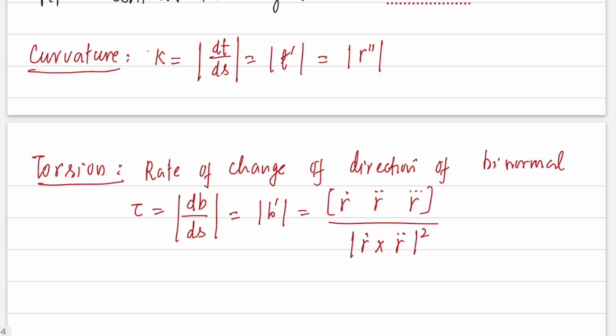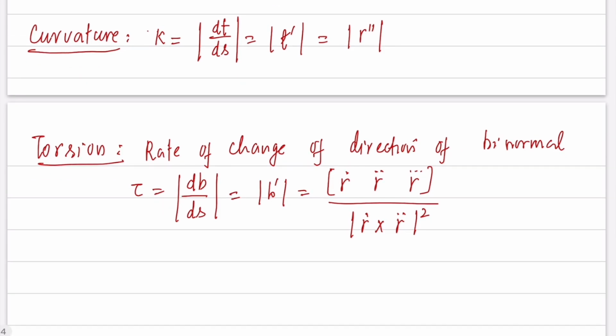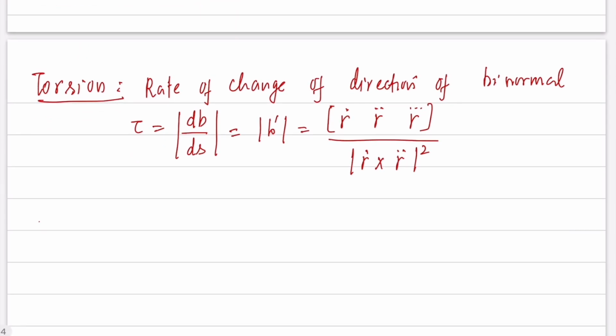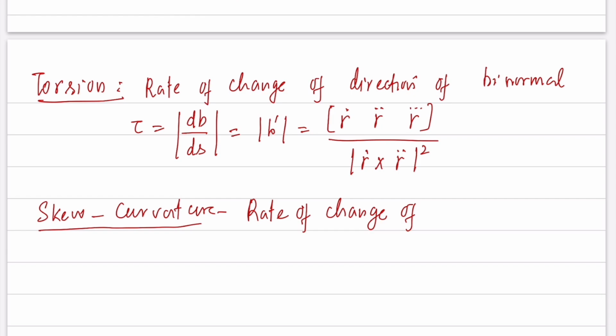Similarly, as we know, we have three mutually perpendicular vectors: tangent, normal, and the binormal. Now we have curvature, which is the rate of change of direction of a tangent, and torsion, the rate of change of direction of the binormal. Similarly, we must have a name for the rate of change of direction of the normal. That is called the skew curvature. Most of the time it says principal normal, but principal normal and normal are almost the same.